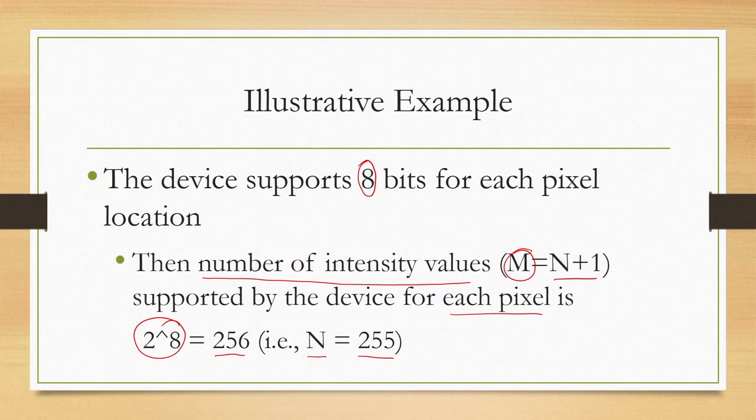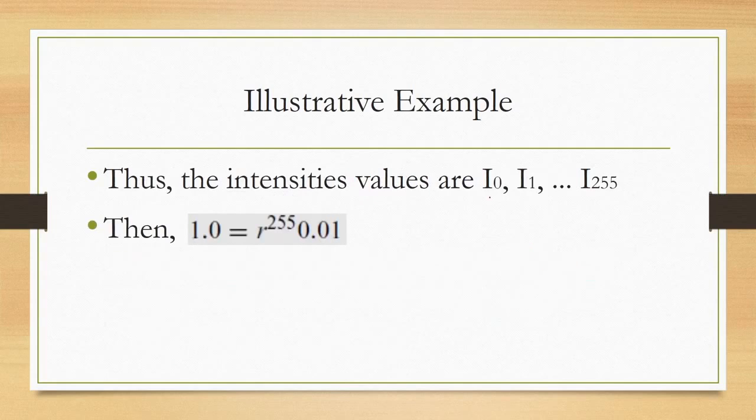So, from I0 to I255 are the intensity values that will be supported by the device. So, these intensity values we can denote with these notations I0, I1, I2 up to I255. Now, we can set up this equation based on the relationship, that is IN equal to R to the power n I0.